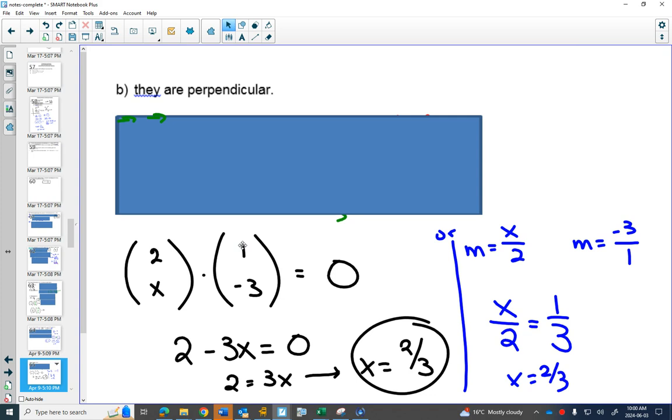The nice thing about using the dot product is it will work in 3 dimensions as well. We don't really have a skill set of thinking of slopes in 3 dimensions. Slopes in 3 dimensions would have like rise over run over, what would you call the Z?